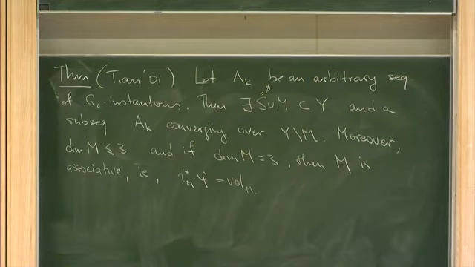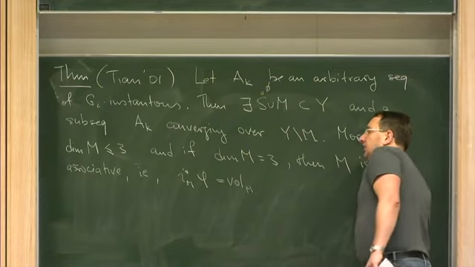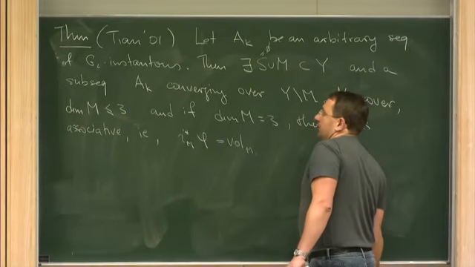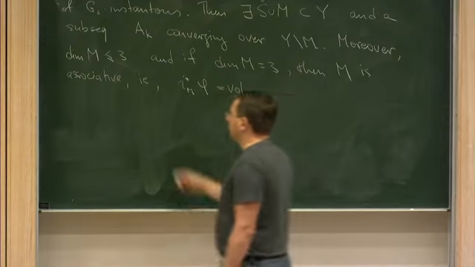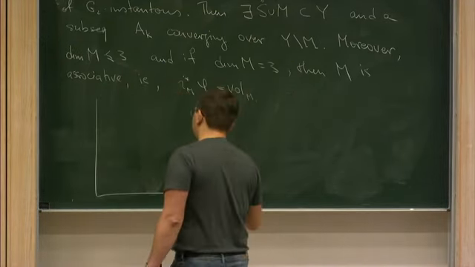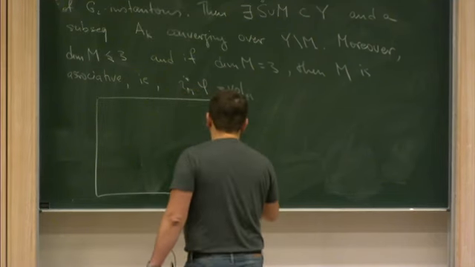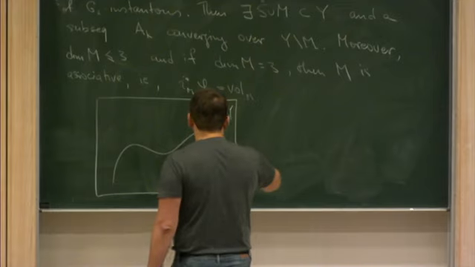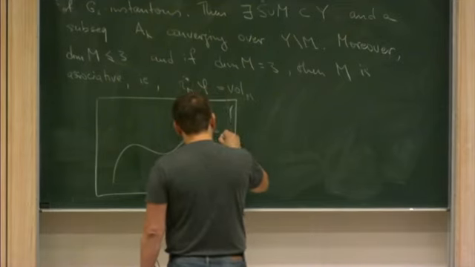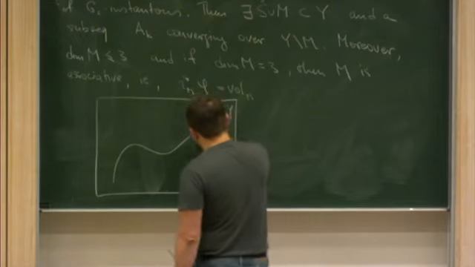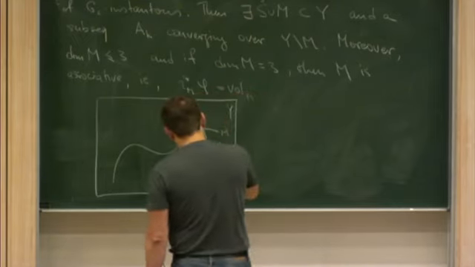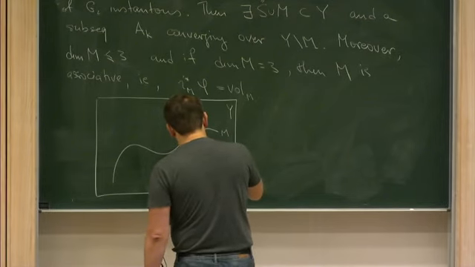All right, and in the proof, what Tian actually constructs is the following. You have your ambient 7-manifold Y, and in here you have a 3-dimensional subset M. It has the normal bundle, and the normal fiber here is R^4.